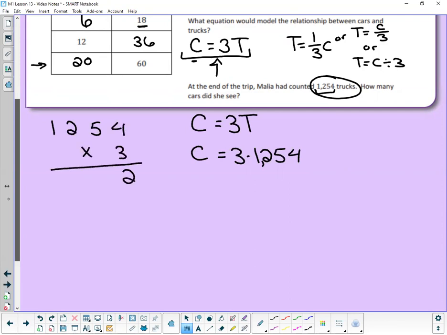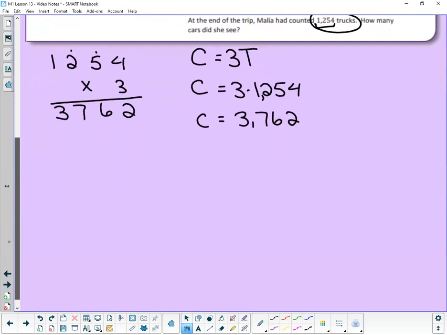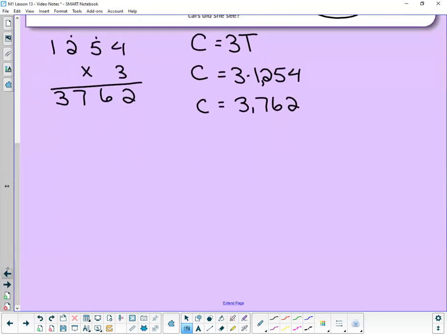Well, 3 times 4, of course, is 12. 3 times 5 is 15, plus 1 is 16. 3 times 2 is 6, plus 1 is 7. And 3 times 1 is 3. So now I know that the number of cars is 3,762.